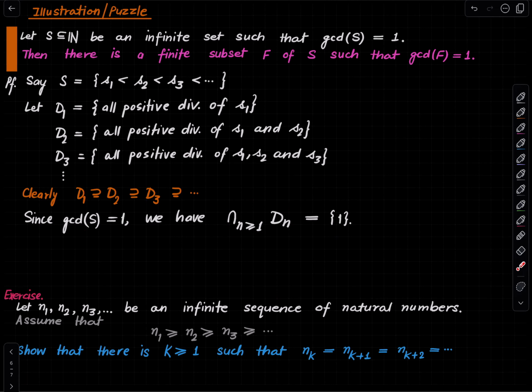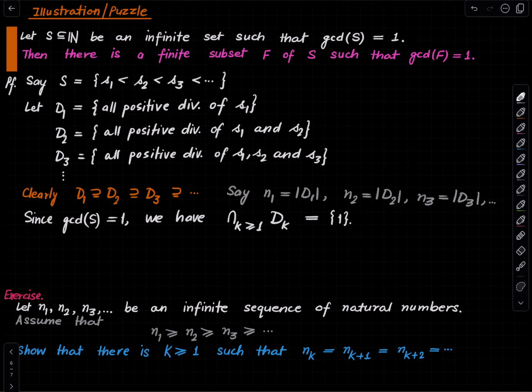Okay. And now by this exercise and by this containment, let me write a k here, just for notational convenience. So say N1 is the size of D1, N2 is the size of D2, N3 is the size of D3, and so on.